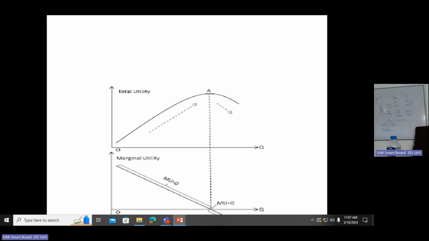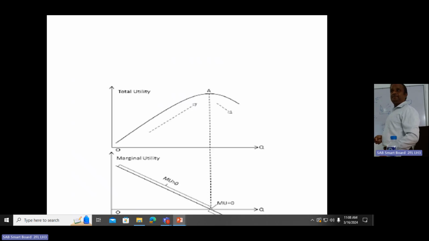So a rational consumer consumes in this area, where we can gain positive marginal utility. That is the range the consumer decides on. We can observe all these things when you look at this behavior based on the definition.